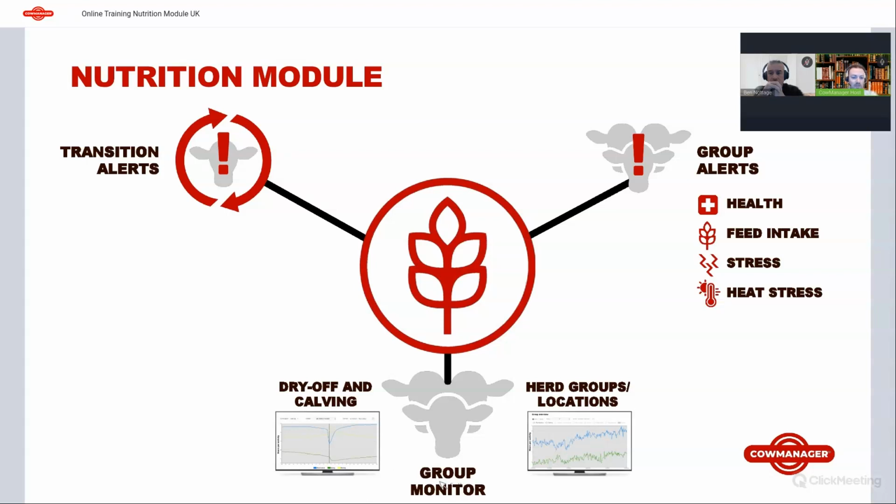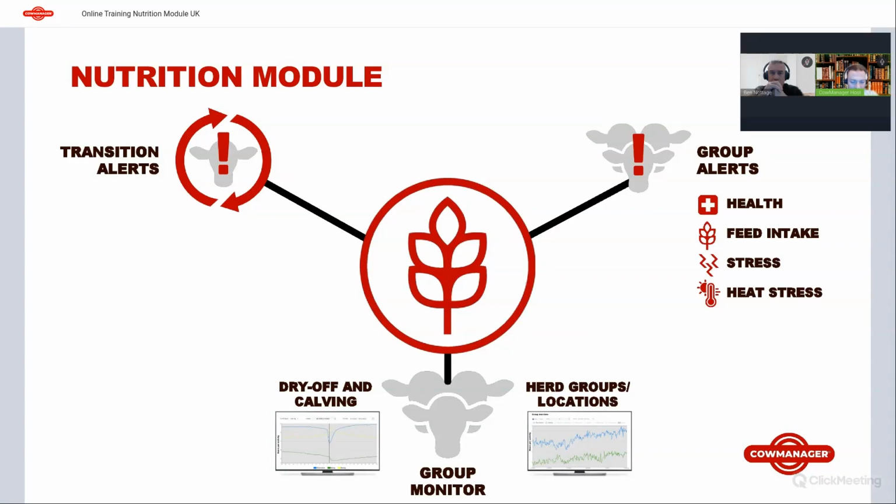And also in the group monitor, there's a dry off and calving behavior of the herd or of a specific group. And together, especially this one combined with the transition alerts, gives you the opportunity to pinpoint per farm where your transition issues actually start.